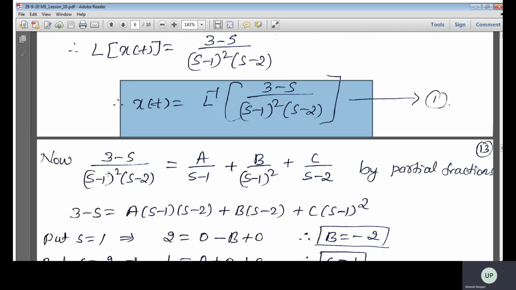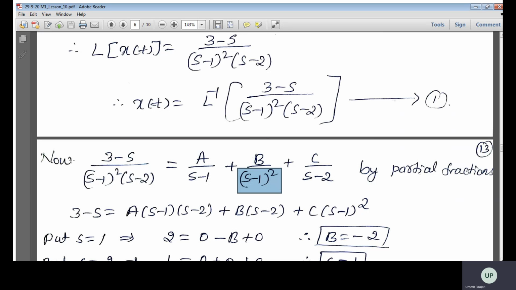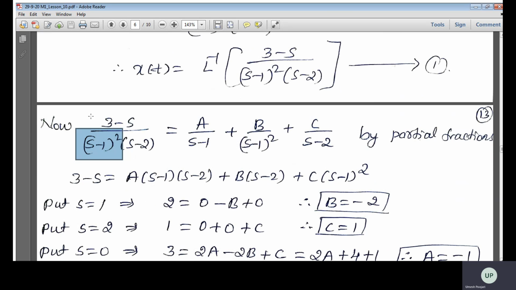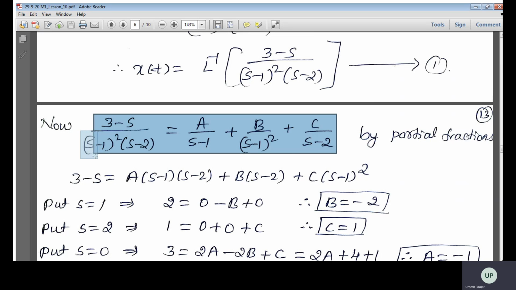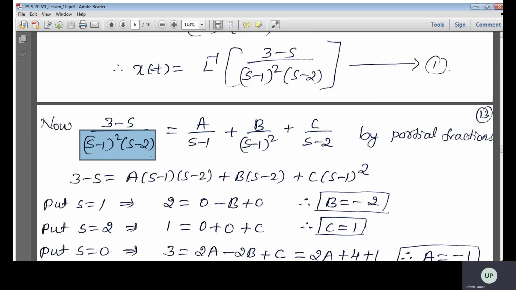So 3 minus s divided by (s minus 1) whole square into (s minus 2) can be written as a by s minus 1 plus b by (s minus 1) whole square plus c by s minus 2. Why is it (s minus 1) whole square? Because s minus 1 is repeated two times. Okay, then a by the first term, b by the repeated term. Then multiply this complete equation by the denominator of the LHS.